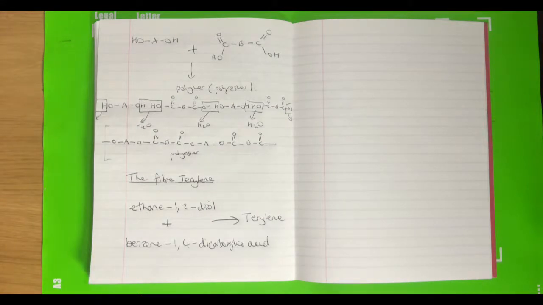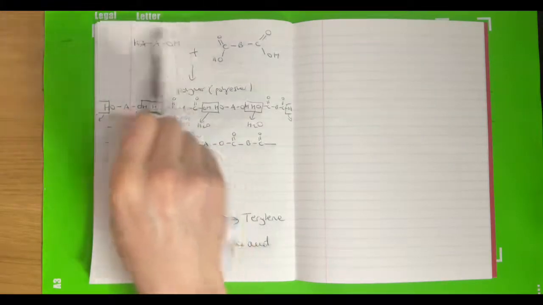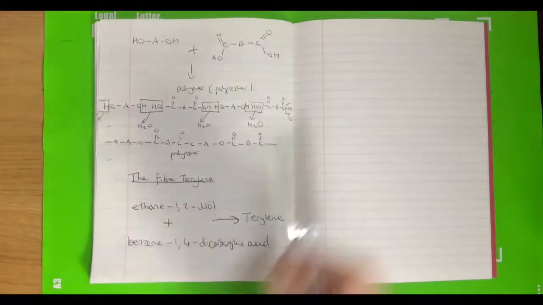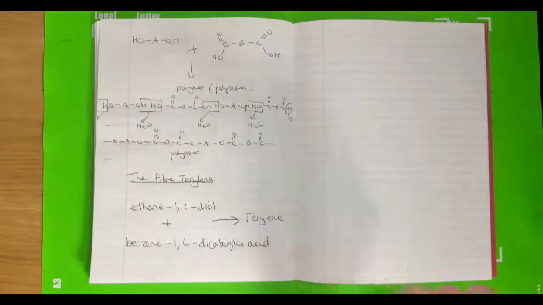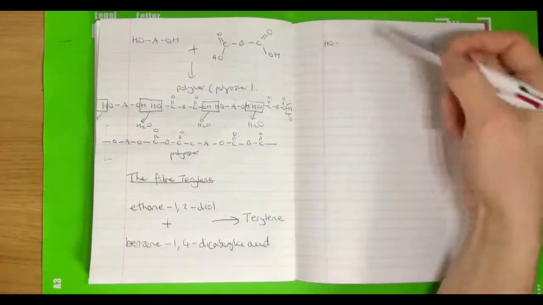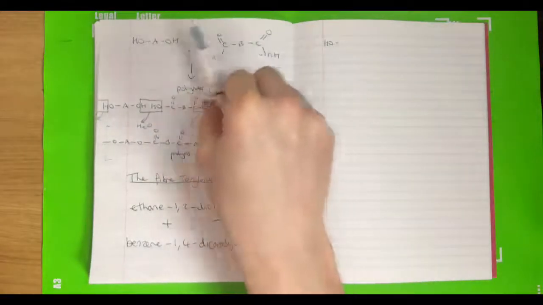Okay, so let's have a look at this reaction. So here we've got our diol. I'm going to draw my diol, ethane-1,2-diol here. When I'm doing this, can you just refer back to this all the time?